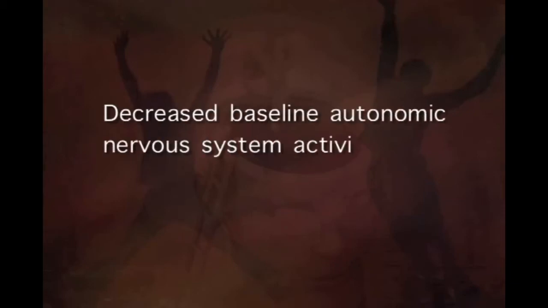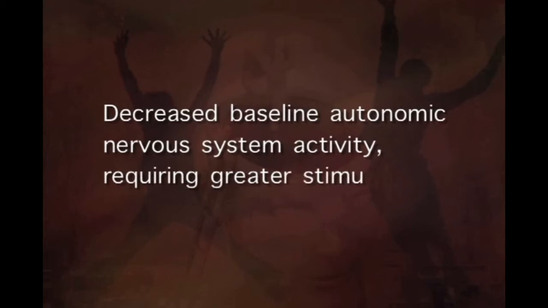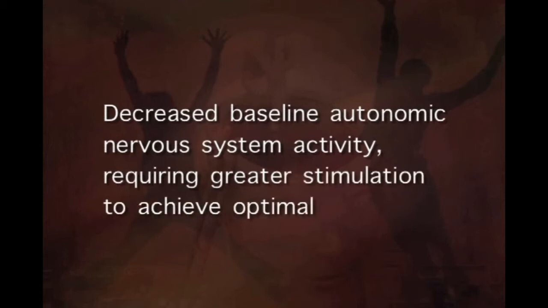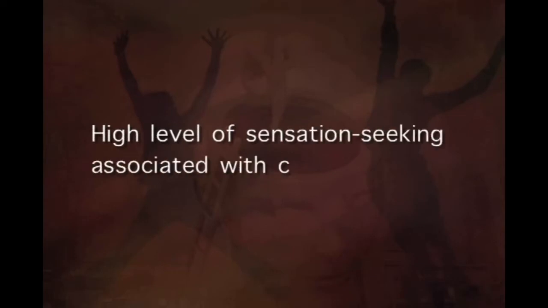Children who have conduct disorder may inherit decreased baseline autonomic nervous system activity requiring greater stimulation to achieve optimal arousal. This hereditary factor may account for the high level of sensation seeking associated with conduct disorder.